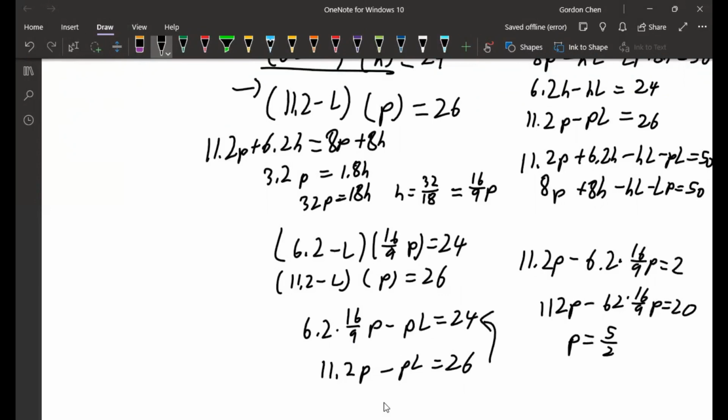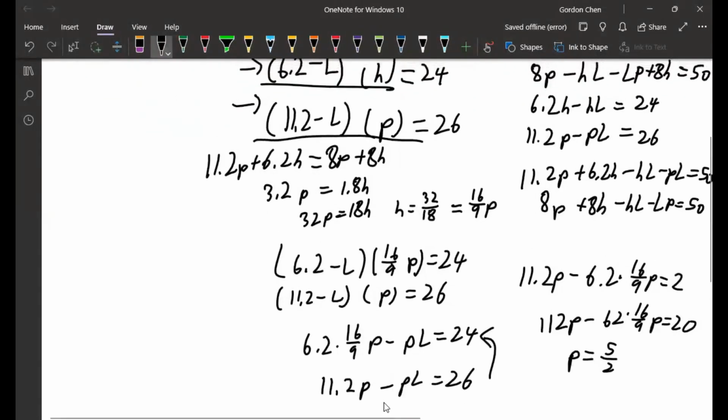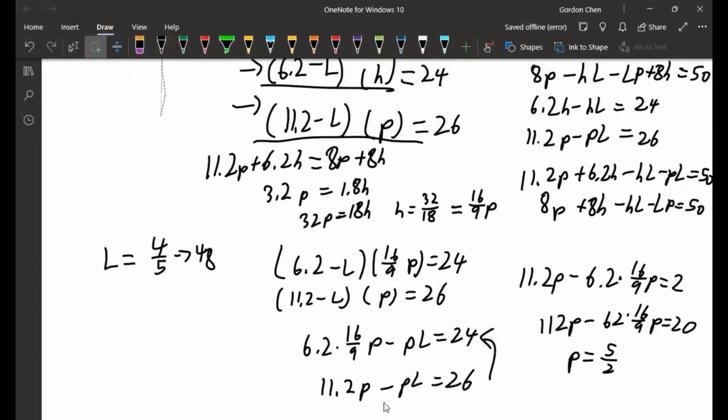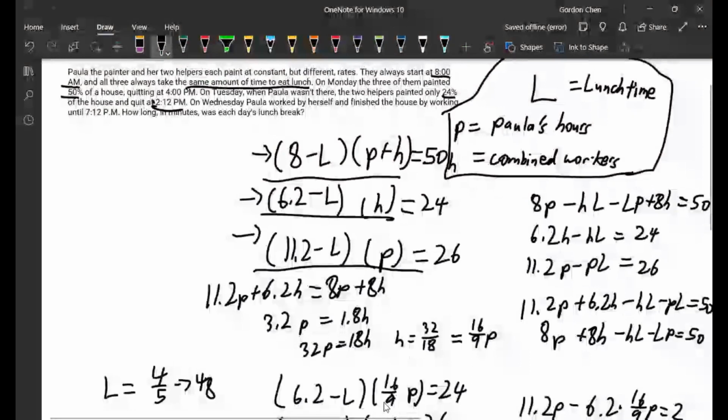And so if we plug that into what we have over here, we'll have L equals 4 over 5. And that's in hours, which is equal to 48 minutes. And if you look at what the question's trying to find, we were trying to find the lunch break, which is 48 minutes.